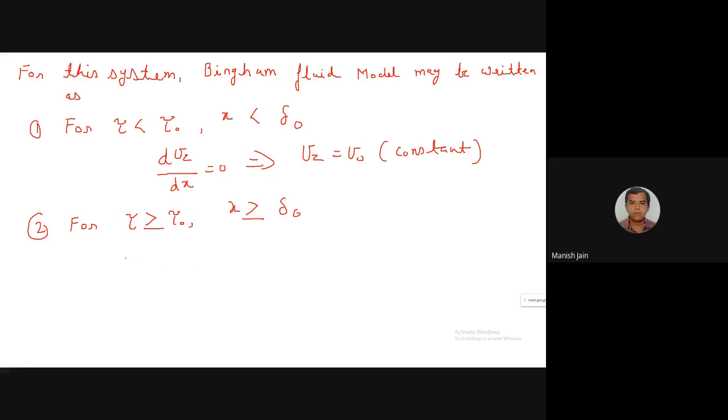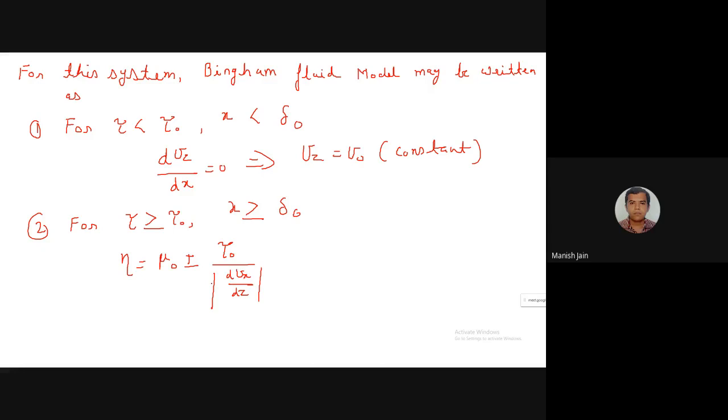You can say eta equal to mu naught plus tau naught divided by, in brackets, dvz by dx. Okay, so this is the value of eta.